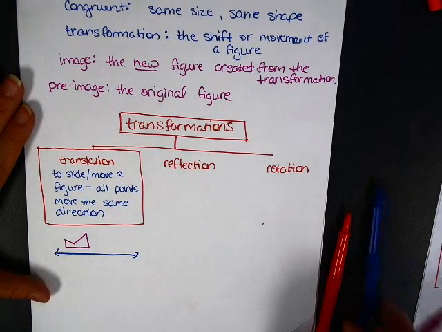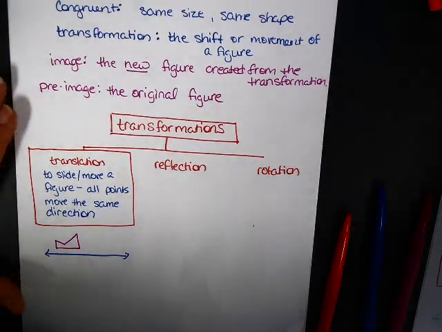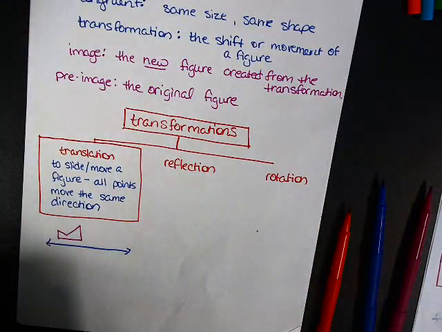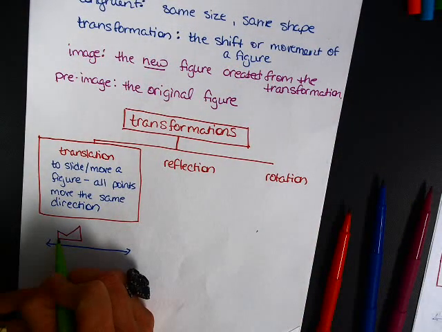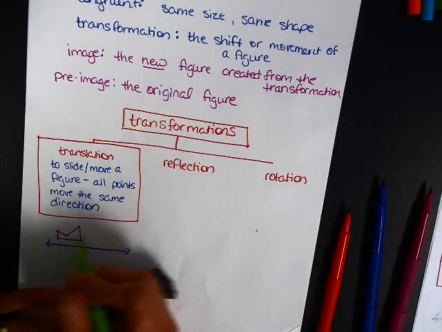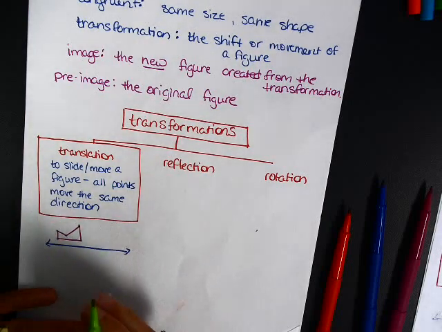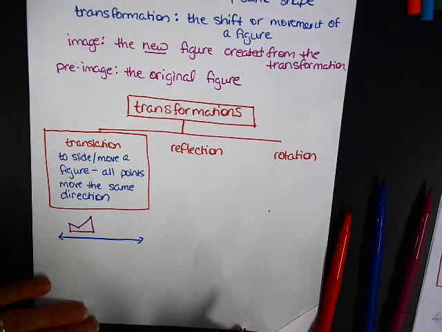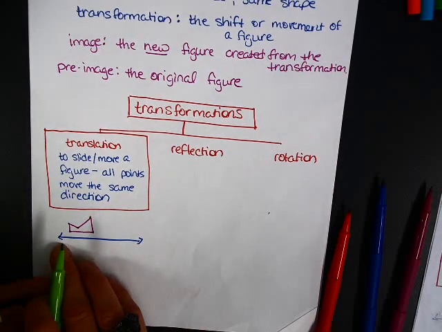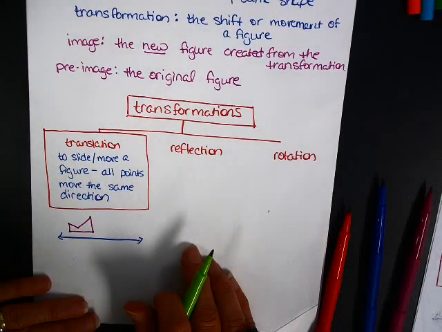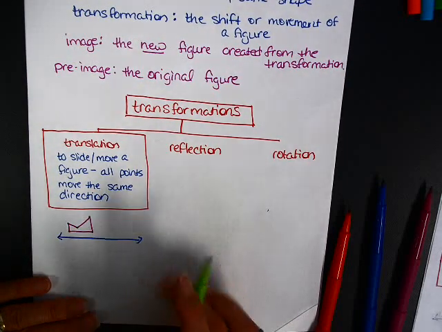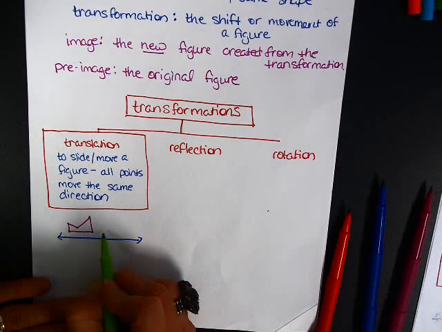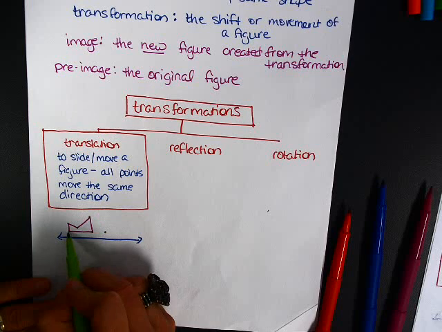And if I were to translate this figure to a new position, what I would do is I would take each one of these points here, here, here, here, and here, and move them all the same direction, the same number of spaces. So let's just keep it simple. Let's just say I'm going to slide everything 5 spaces to the right. And if I was on a coordinate plane and I went 1, 2, 3, 4, 5, this would be my new point for here.